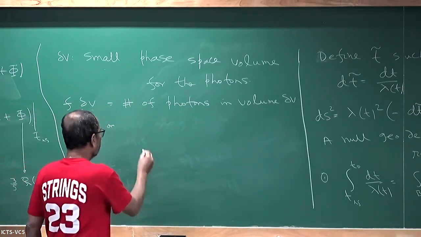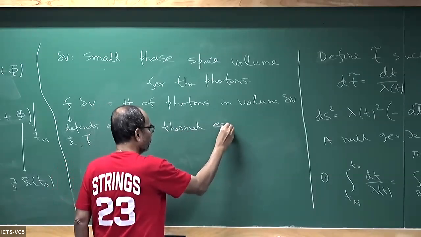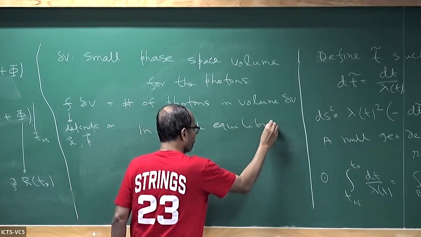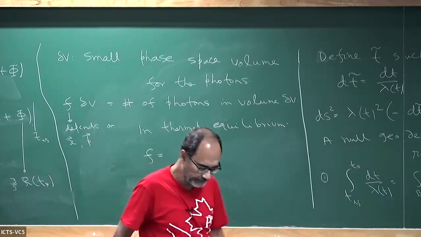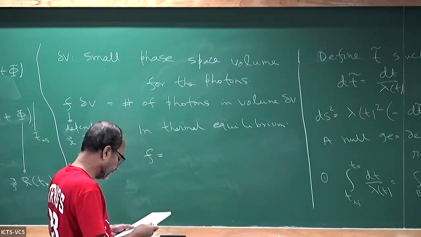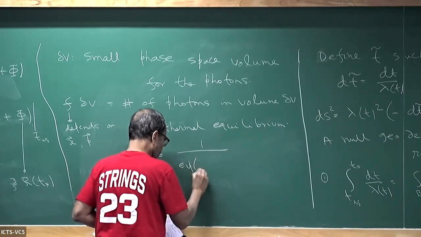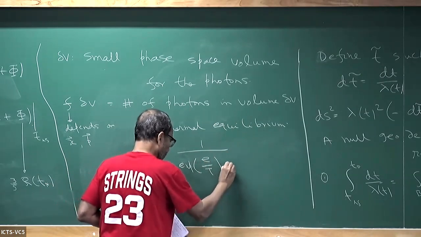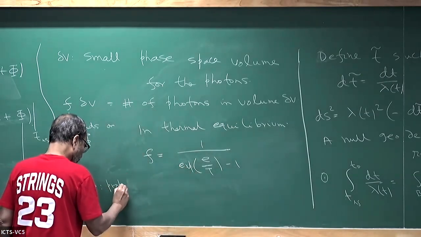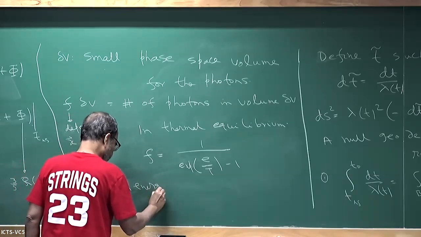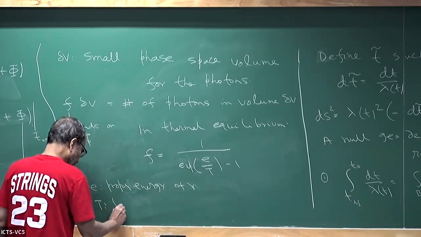So then you know that in thermal equilibrium, F can be written as this, correct? 1 over exponential E over T minus 1, where E is the proper energy of the photon, and T is the local temperature.